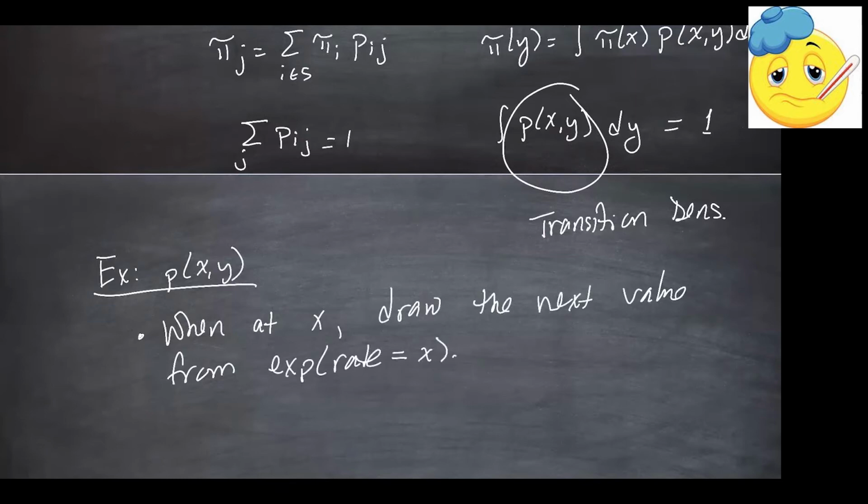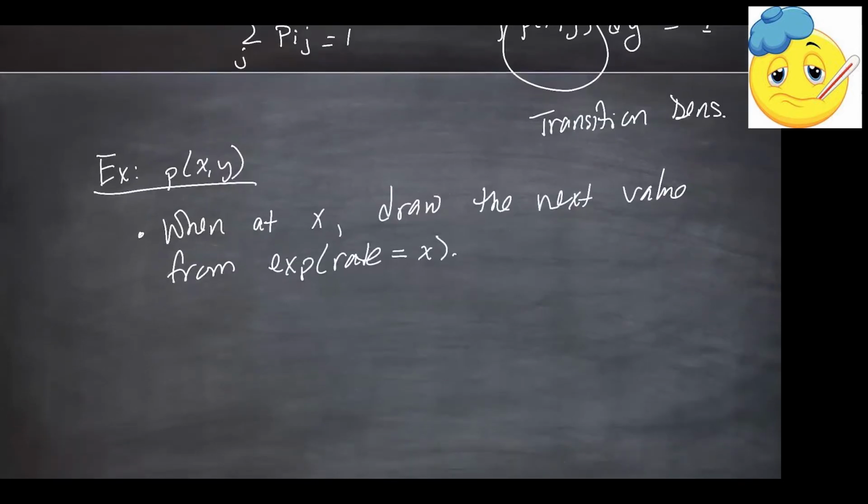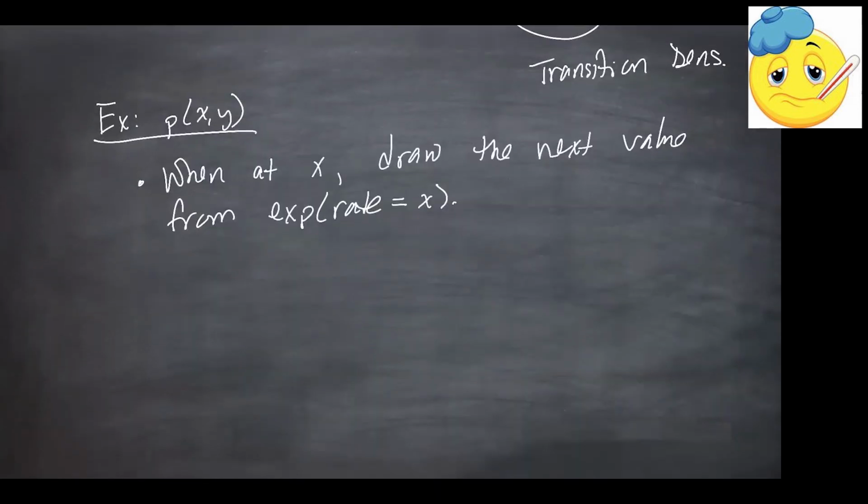This assumes that the state space is everything greater than 0 here. We can't have a negative rate or even a 0 rate.